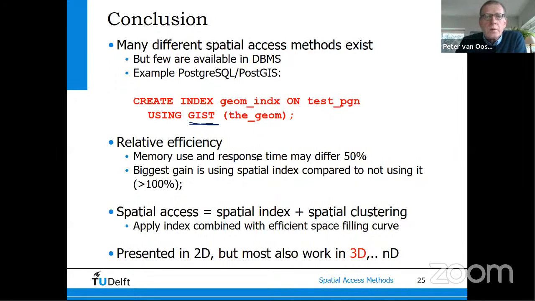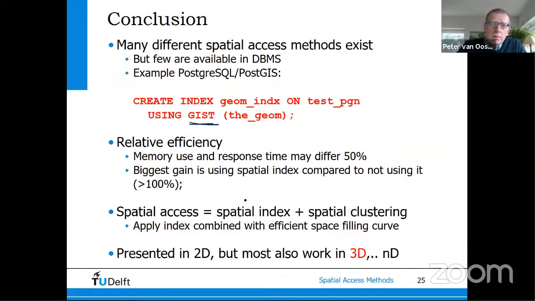There is a difference between one technique and another, but the difference in query performance or in load performance is 10%, 20%, sometimes in extreme cases 50%. But the biggest difference is in using an index or not using it at all. That will give you orders of magnitude, 1, 2, 3 orders of magnitude. So 100 times faster or 1,000 times faster is not strange at all.